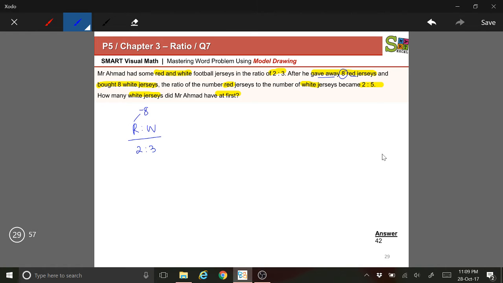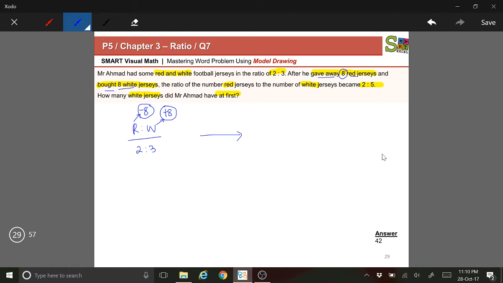And he bought 8 white jerseys, so with this white we do a plus 8. With this giveaway and buying new, we notice that the number is the same. Okay, this one you need to notice. This is one particular piece of information that it gives us to notice.